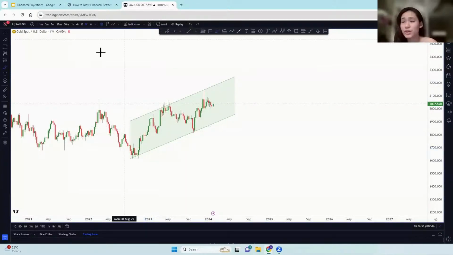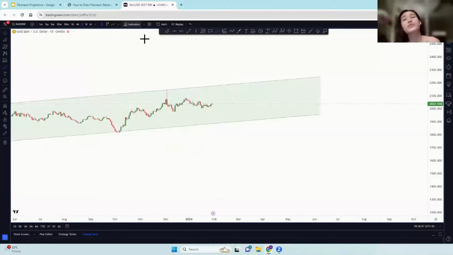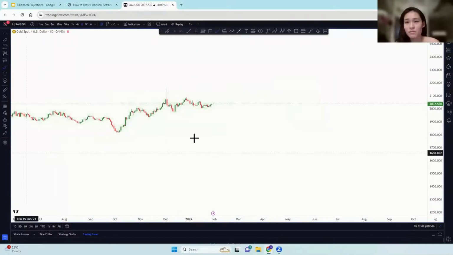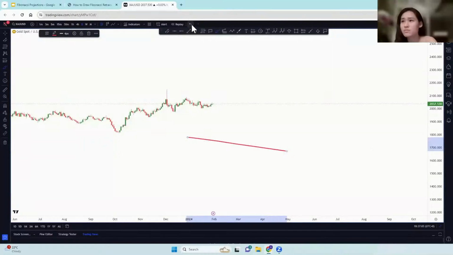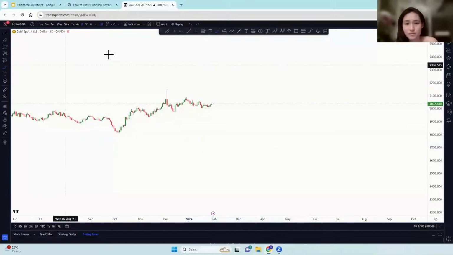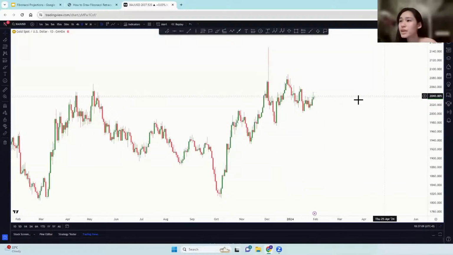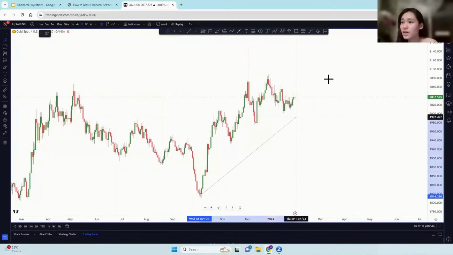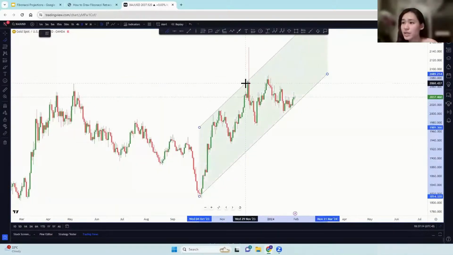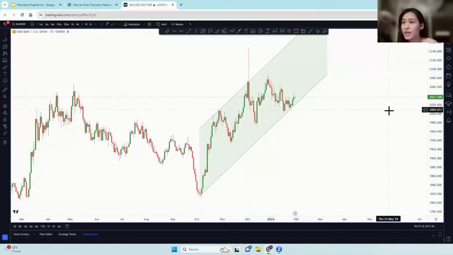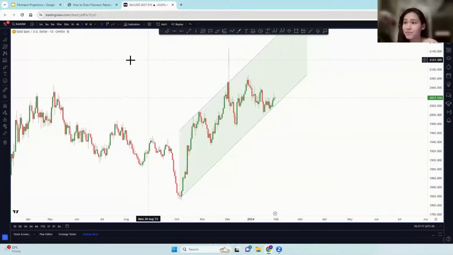So we have an upward trend here. If we look at our daily time frame now, you can also see that it's moving in an uptrend as well, also in an ascending trend channel.